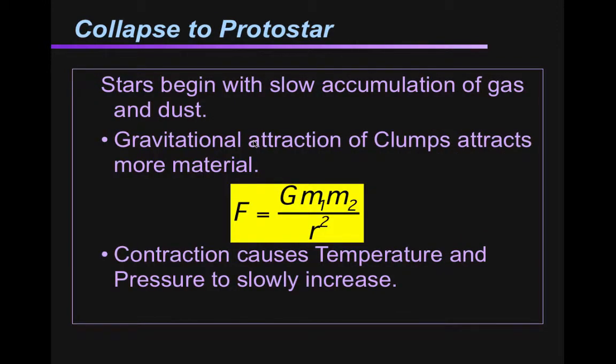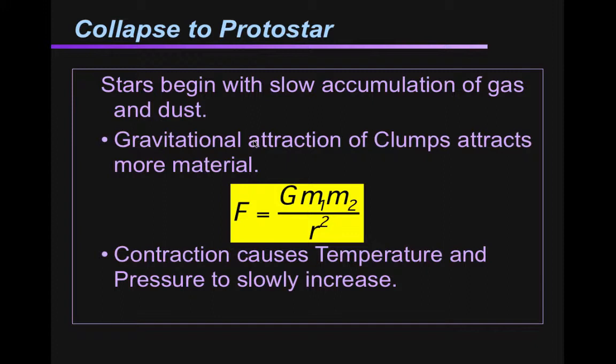So anyway, what happens is this dust and gas, because it has mass, it has gravity. And so it starts to attract more dust, and the dust pulls together and clumps together because of its gravitational attraction.